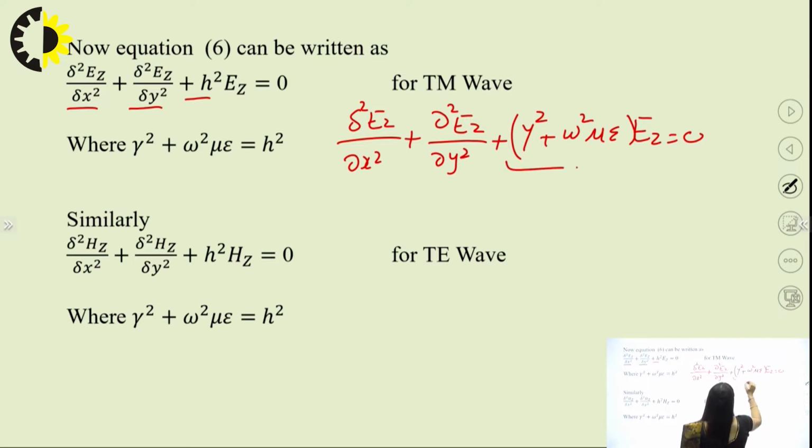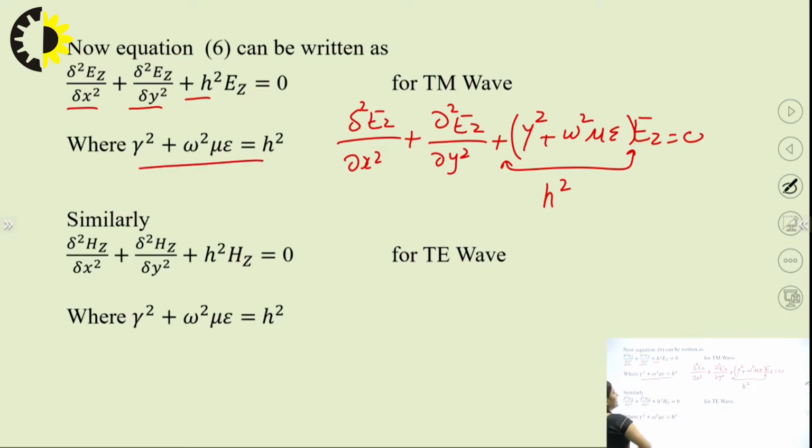So this factor we have taken as one constant, that is h square. So it is written as h square.